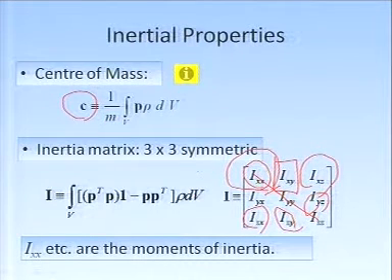Suppose you have a matrix I with only diagonal elements, all others are 0, then those moments of inertia we call principal moments of inertia. I repeat, when this I matrix has cross terms like this, which are called products of inertia, these diagonal terms are called moments of inertia.